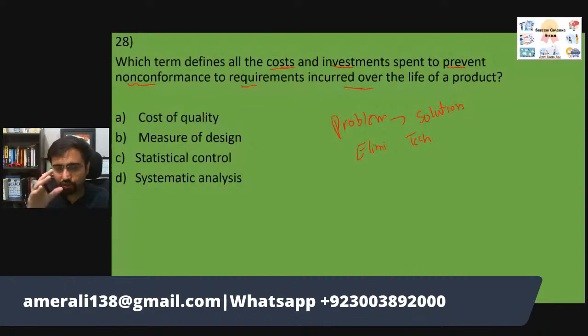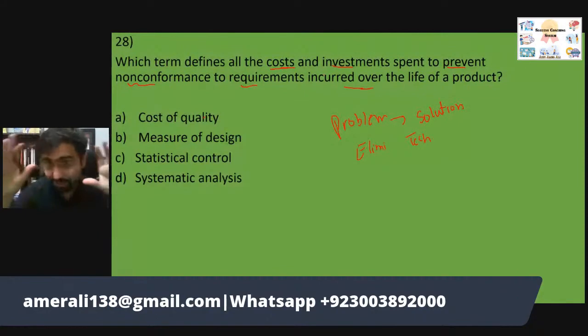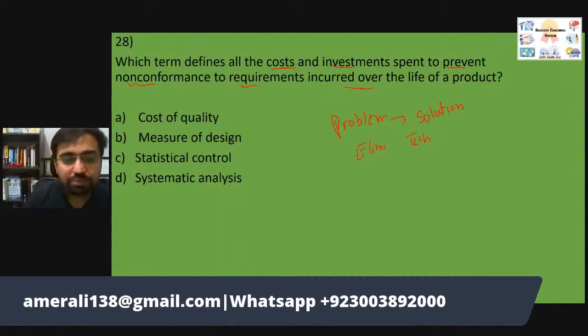Okay, now understand what the question is really saying. The question is asking which of these is going to cover the cost of quality, in other words the money spent and all the costs during the project. So simply, cost of quality is the answer.